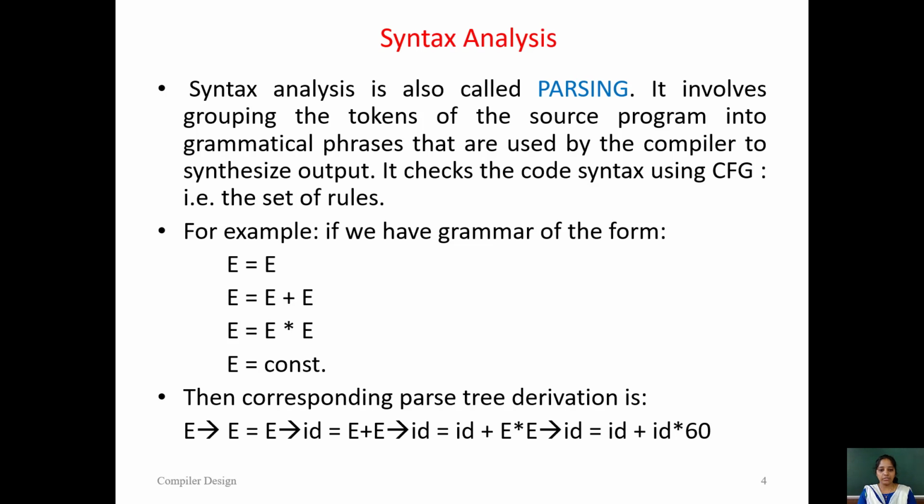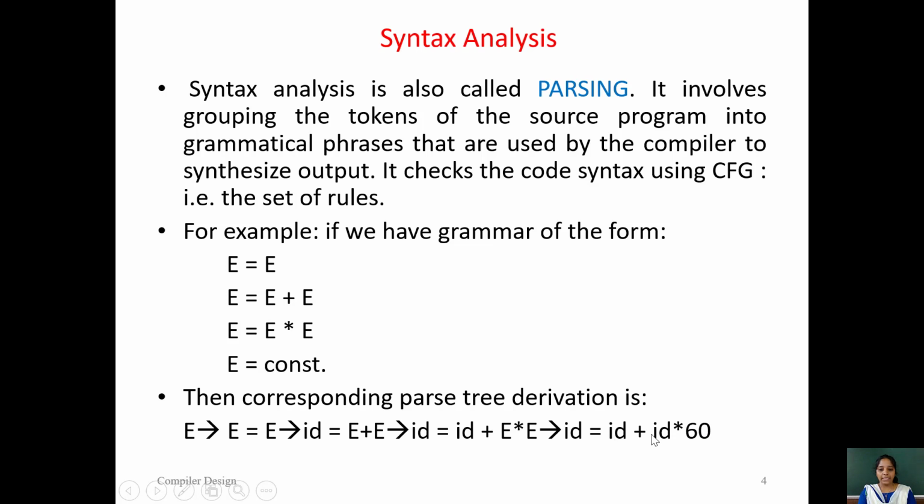I have shown you the derivation. E becomes ID = E, then ID = E + E, then ID = ID + E * E, using the rule E to E star E. Then E is replaced with ID, and the other E is also replaced with ID.